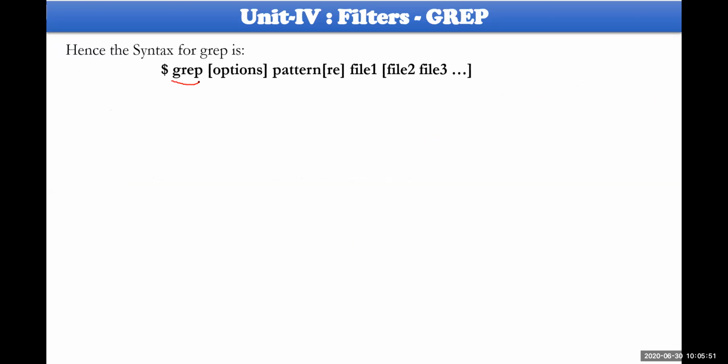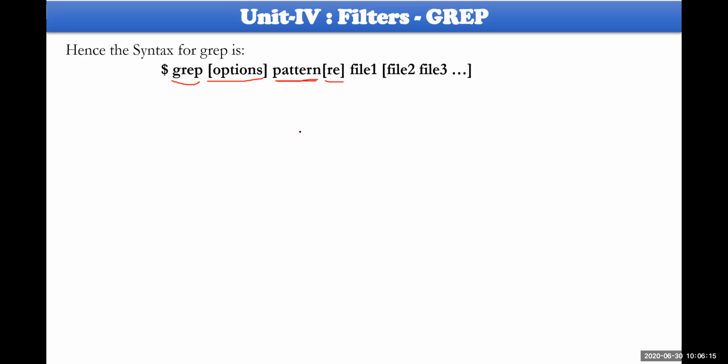Grep, followed by options. Many options are available here. Then the pattern or a regular expression. You may give the pattern directly. Pattern in the sense that we have already seen in DBMS, that is Oracle and SQL: select ename, or select everything from EMP where ename like something.